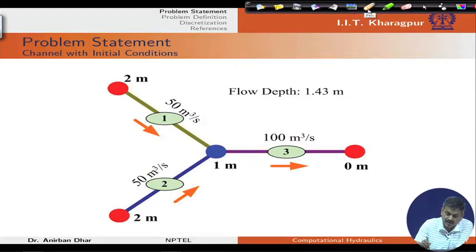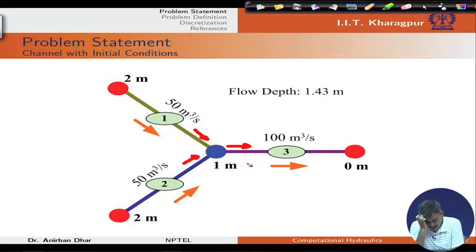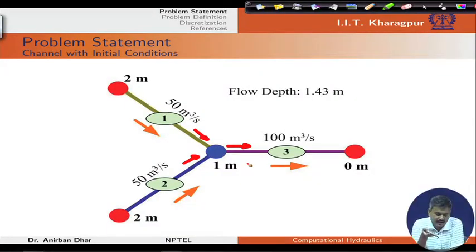So, at this junction you can see that 50 meter cube on this side it is going 100 meter cube. So, unlike our steady state problem, in this case we need to specify the initial condition by satisfying the continuity condition, because initial condition means it should satisfy the physical problem.